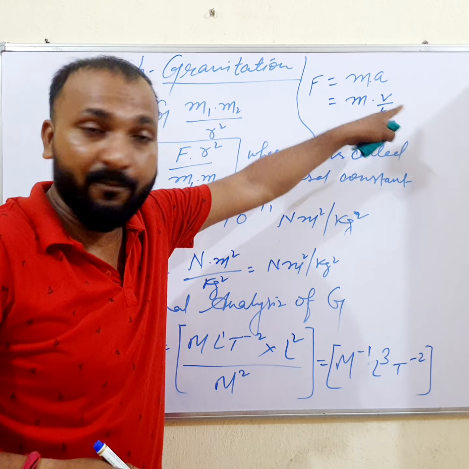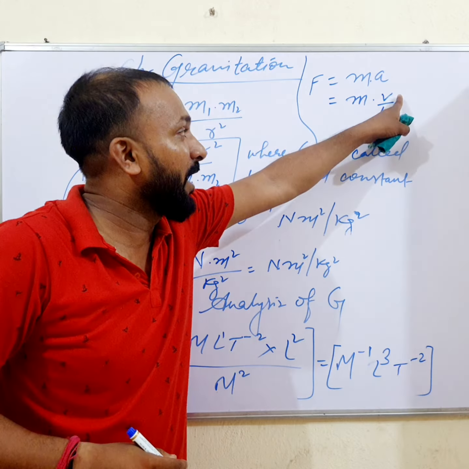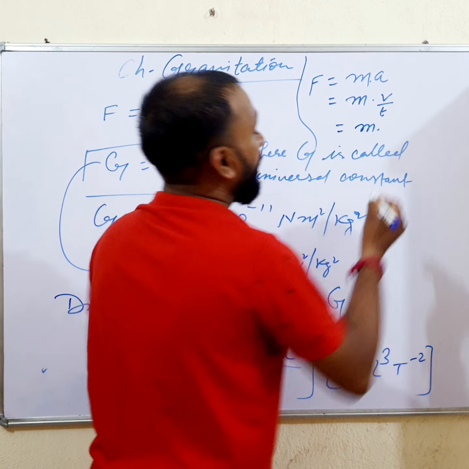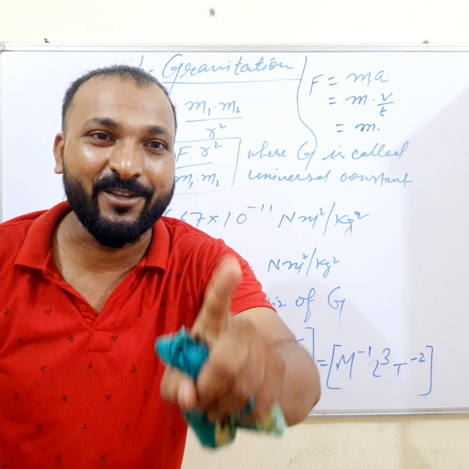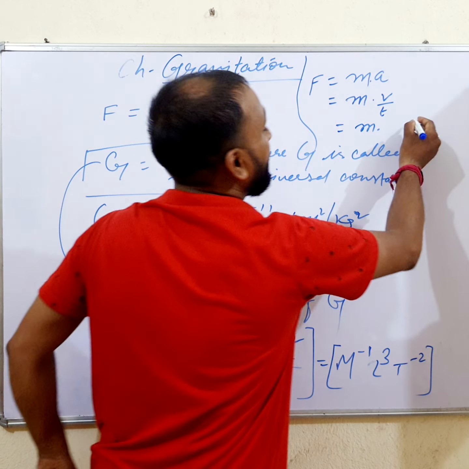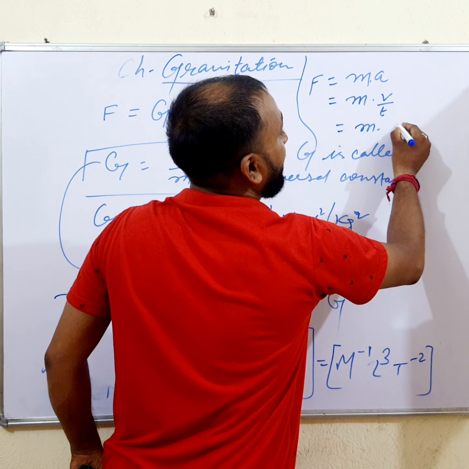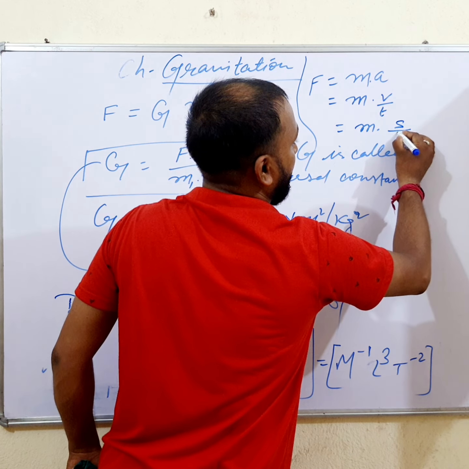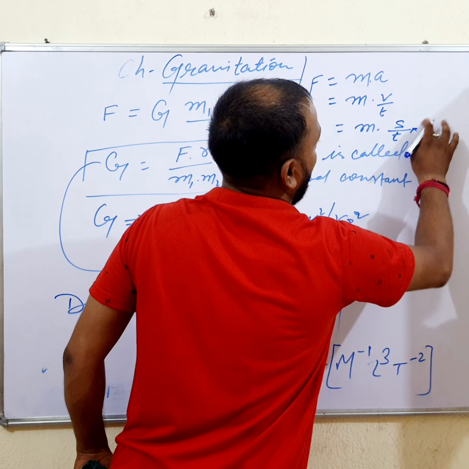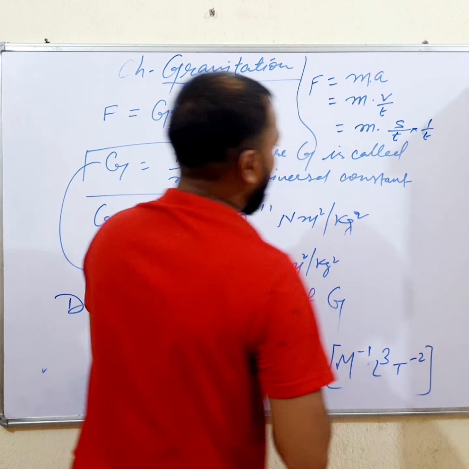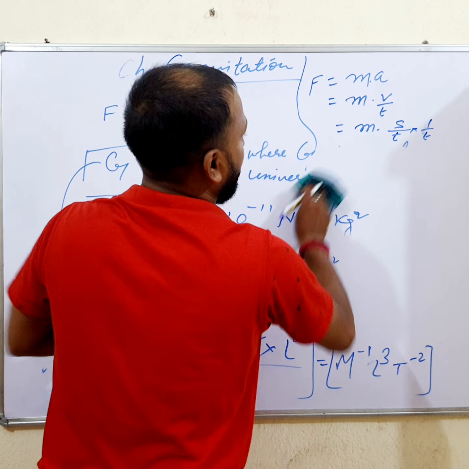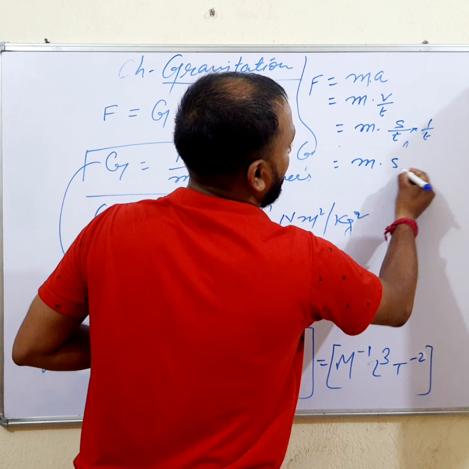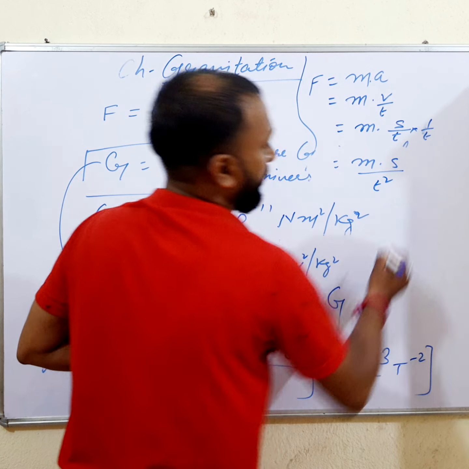Again, if you want to split the formula of velocity, it is the rate of change of displacement, that is displacement divided by time, so s upon t into 1 by t. So ultimately it will be mass into displacement upon t square.